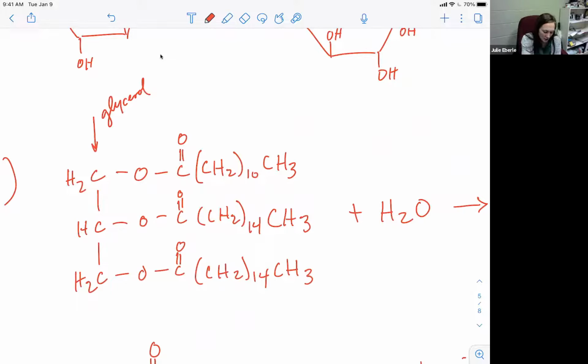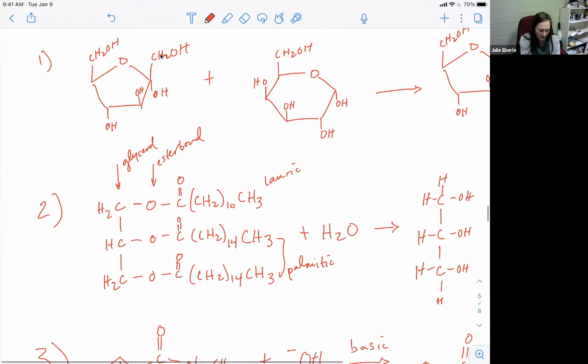And then this is your ester bond. This is all formed together, and this is the lauric, and these are the two palmitic fatty acid chains, all attached to glycerol through their carboxylic acids.